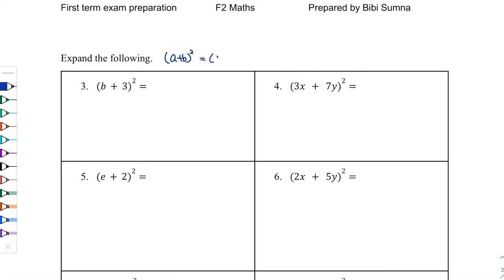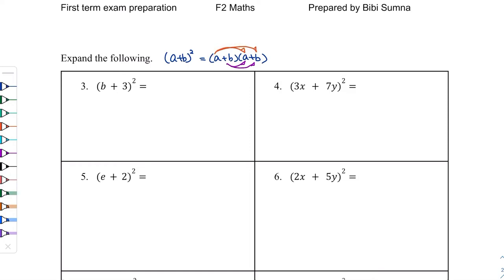This means a plus b is repeated by itself. If that's the case, then how do we expand that? How can we open the bracket here? Well, the simplest way is to give everything to each other. So this a goes here, and it also goes here. And this b goes here, it also goes here.